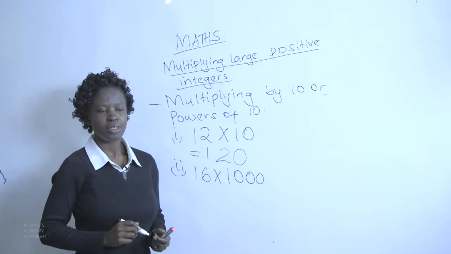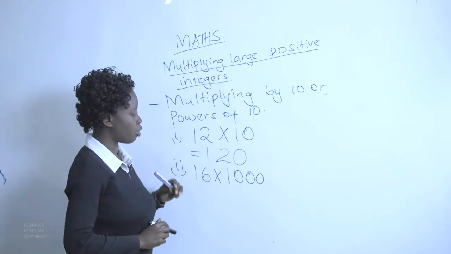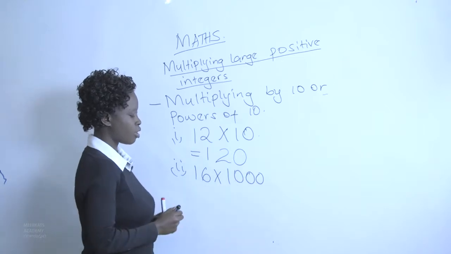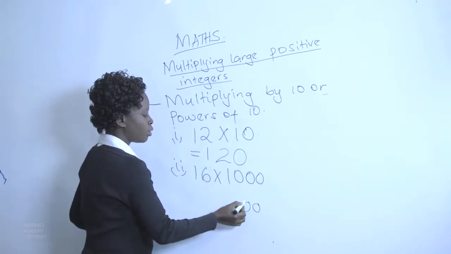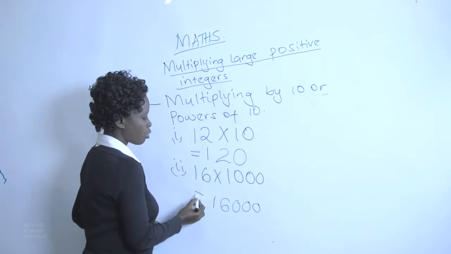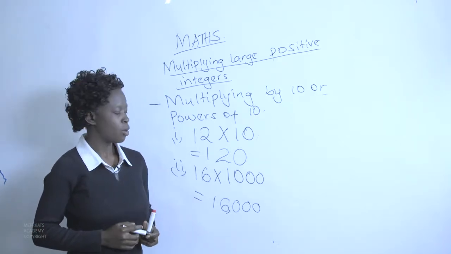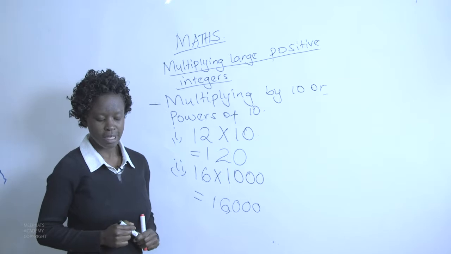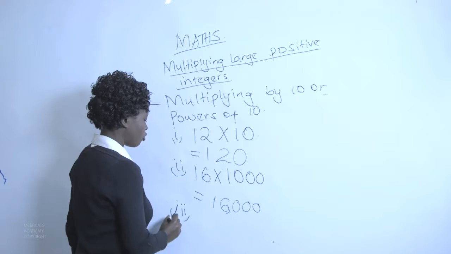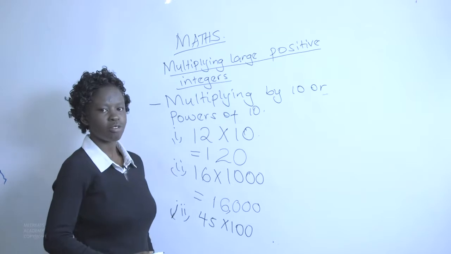Take another example: 16 multiplied by 1000. We have 3 zeros. That means our digits will move to the left by 3 steps because of the 3 zeros. So we write the 3 zeros, then move our digits 6 and 1, and 16 multiplied by 1000 gives us 16,000. If we have 45 times 100, then we have 2 zeros.